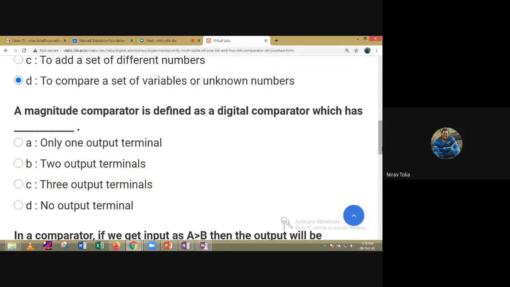Okay, Mahima, Jenny, Lisa give the answer. It is C, the three output terminals, and it is correct. The comparator has three outputs: either A greater than B, or A equal to B, or A less than B. So a comparator has three outputs.